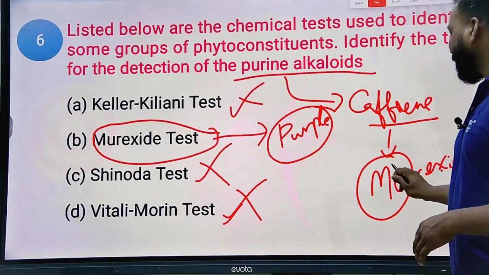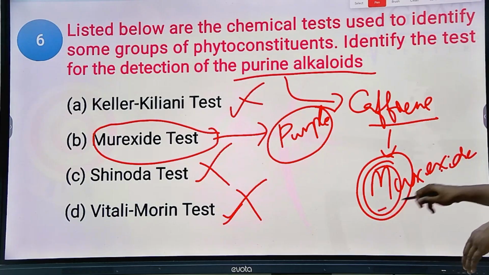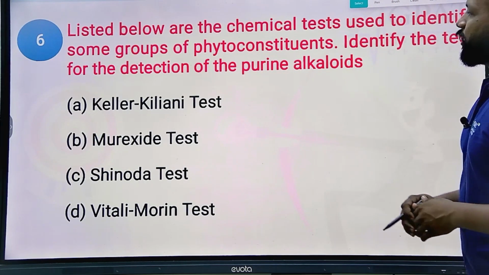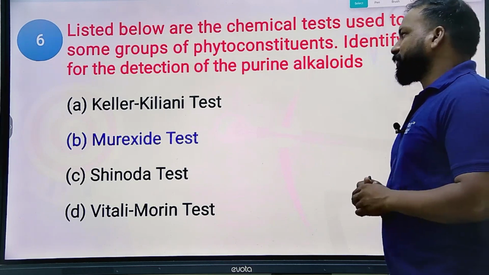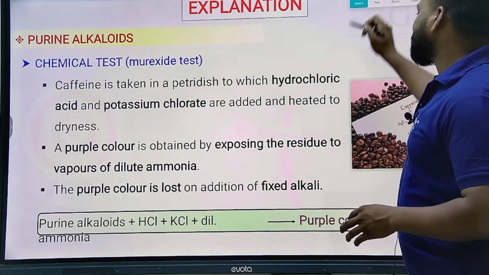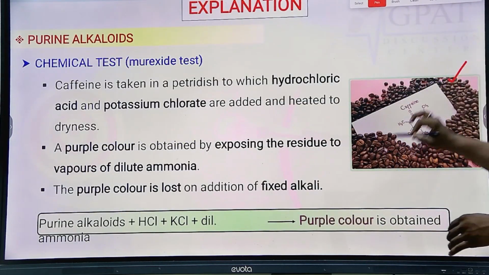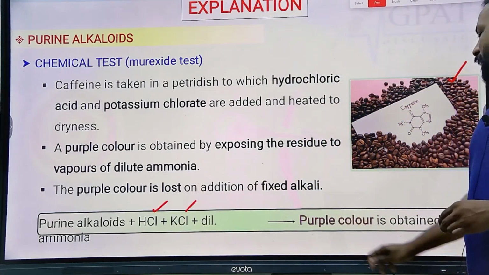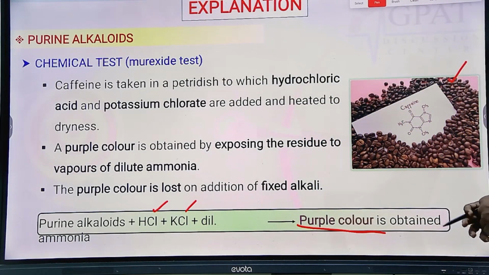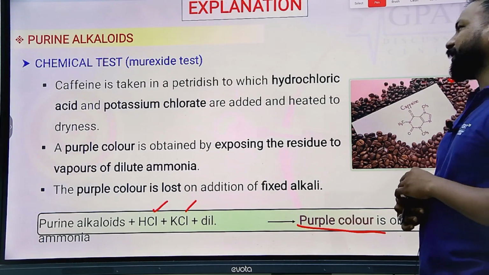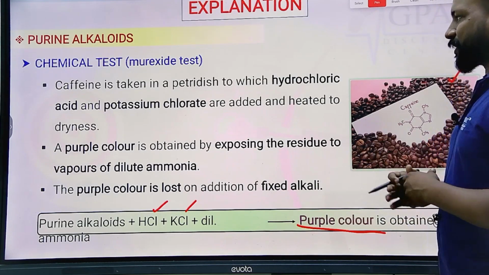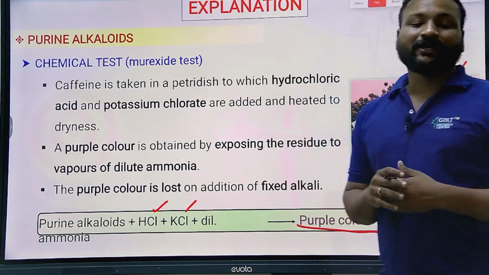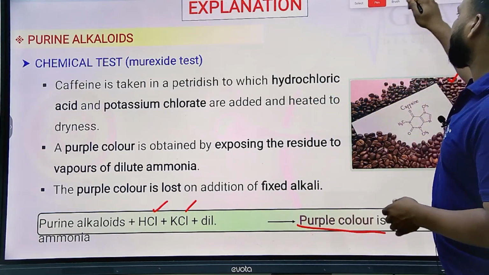Caffeine is mixed into the milk, and milk starts with M, and M is Murexide test. Do remember it like that. Vitali-Morin gives a violet color, whereas the Murexide test gives a purple color at the end of the test. The answer is the Murexide test. When pure alkaloids are treated with hydrochloric acid and potassium chlorate, heated to dryness, and then dilute ammonia is added, it gives a purple color. Very important test.